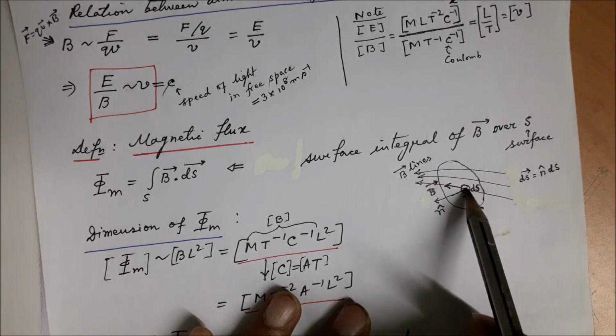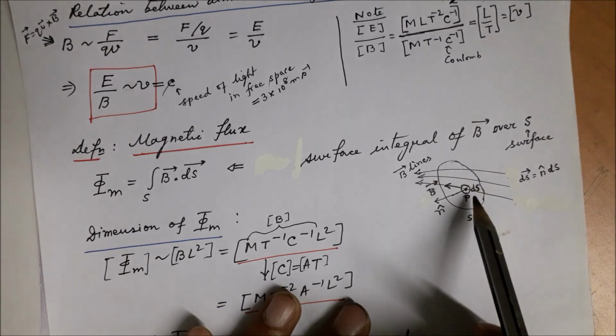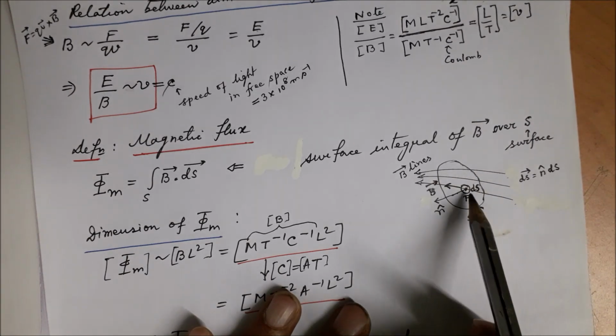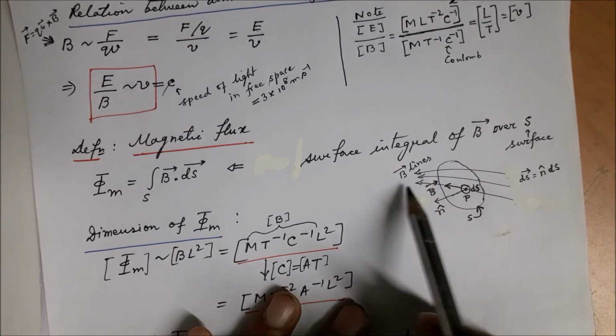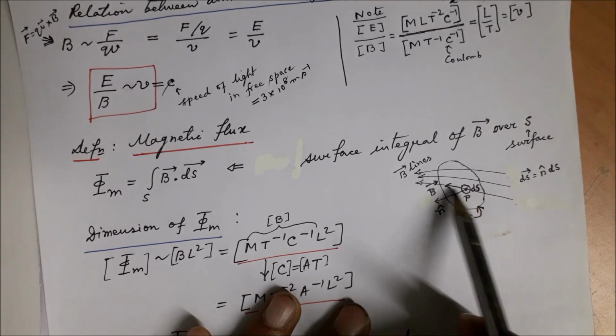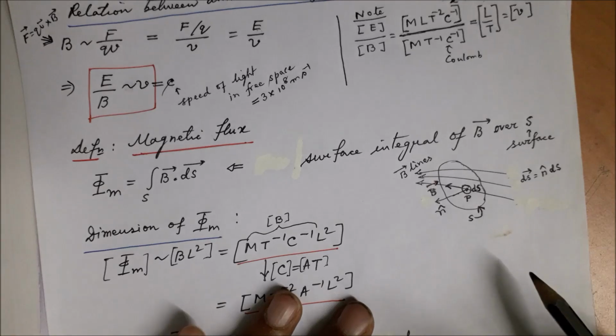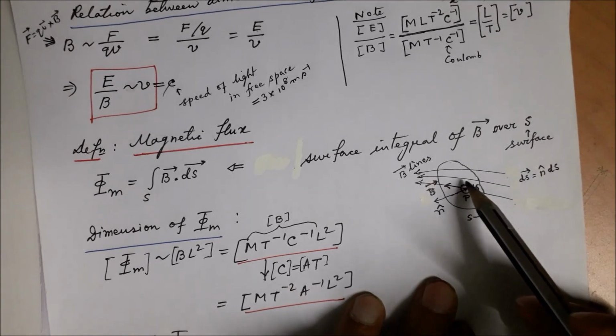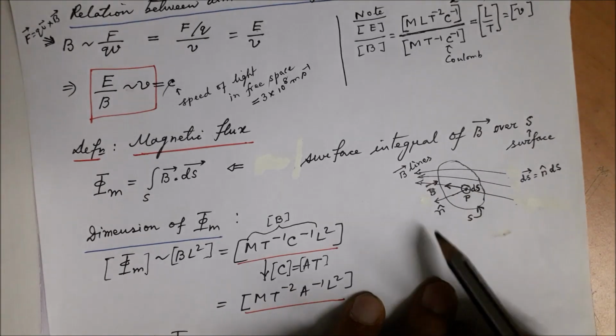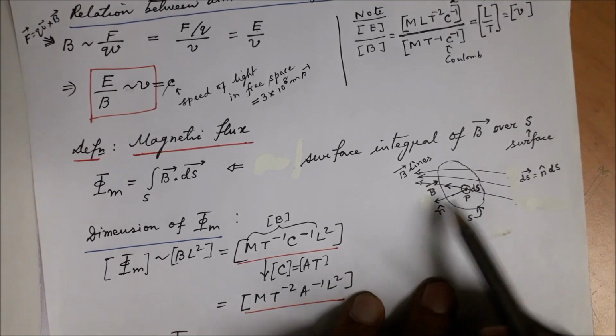So we have considered a point P on the surface S, and at this point P, the tangent to the B line is this one. So this is the direction of B at P, and through P we can imagine an elemental surface ds, and n cap is the normal unit vector.